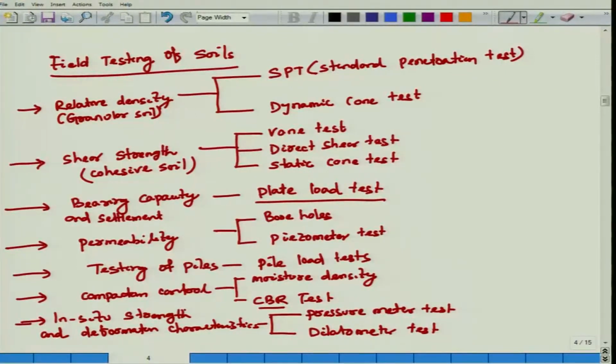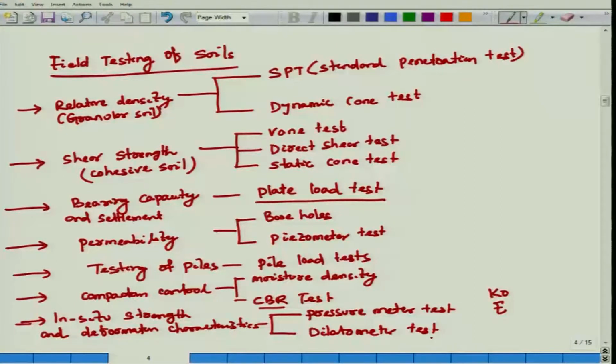Then in situ strength and deformation characteristics. In situ strength, if you look at your bearing capacity, also in situ strength, this is for your shallow depth. For deeper, you can go for a pressuremeter test. What are you supposed to measure? K0, E modulus of elasticity, strength parameters as well as your deformations. Then dilatometer test.